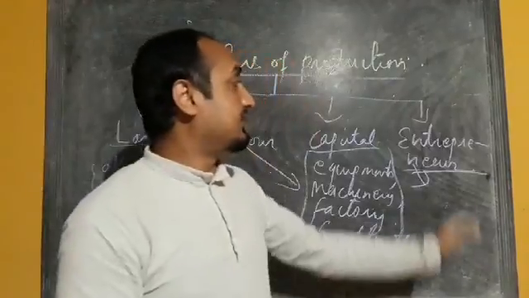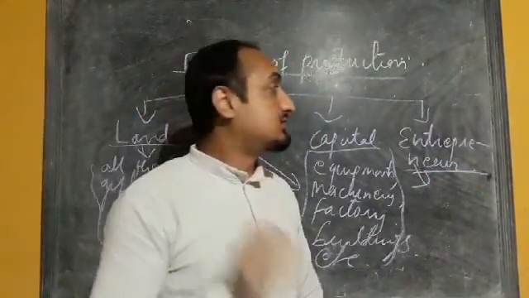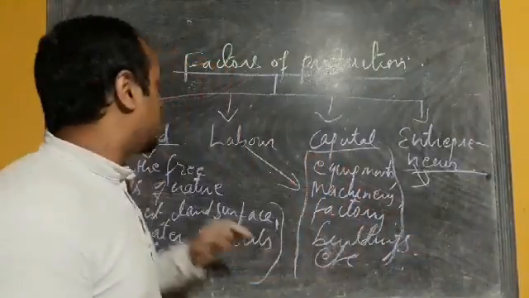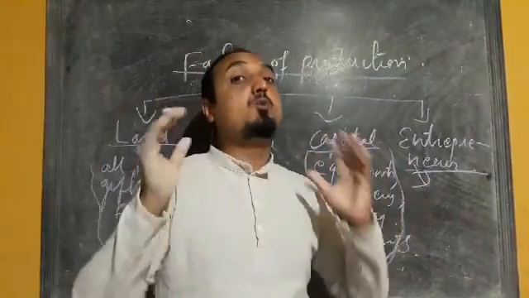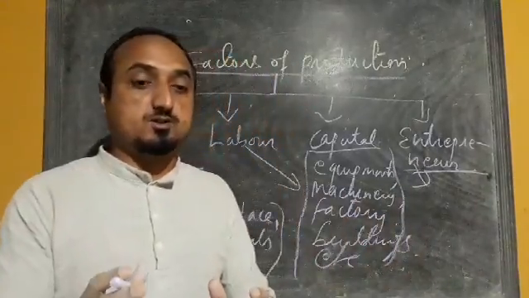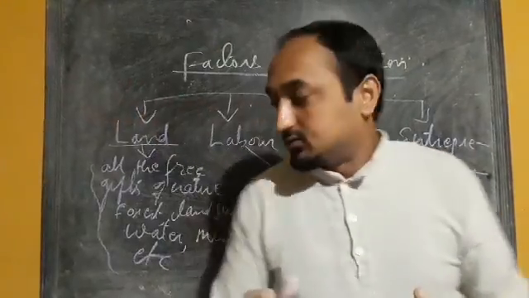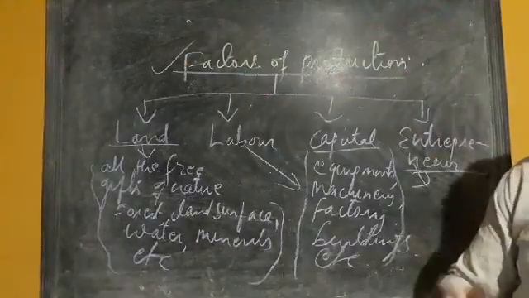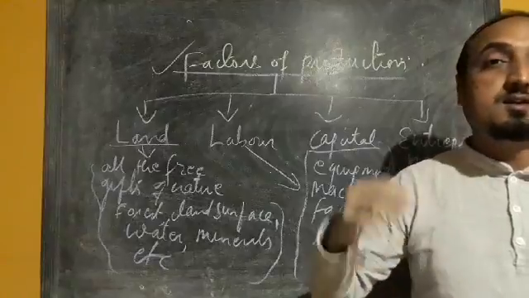So these all are the different factors of production, and all these factors of production are equally important in the process of production. So today we will do this much only, and in the next class I will start the next topic.